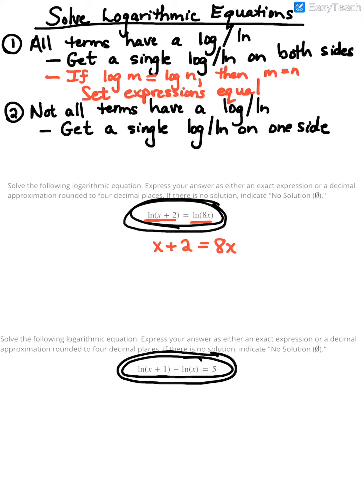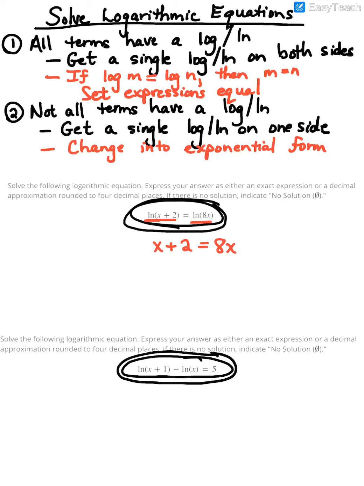I can set the expressions equal, and we'll come back and finish solving that in just a minute. If you only have a single log on one side, then your strategy is to change it into exponential form, and we'll show you how to do that in just a minute with that second example.